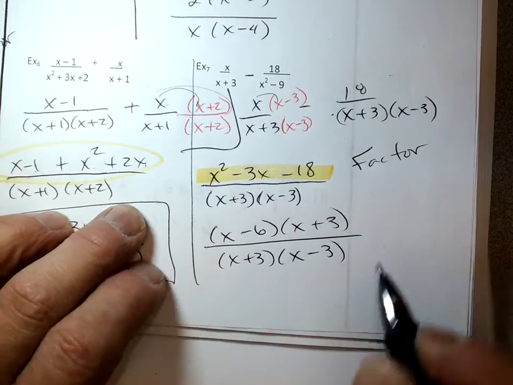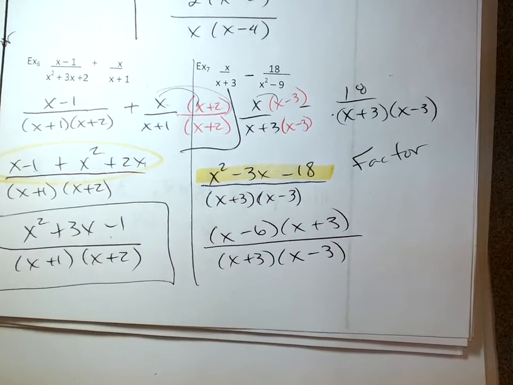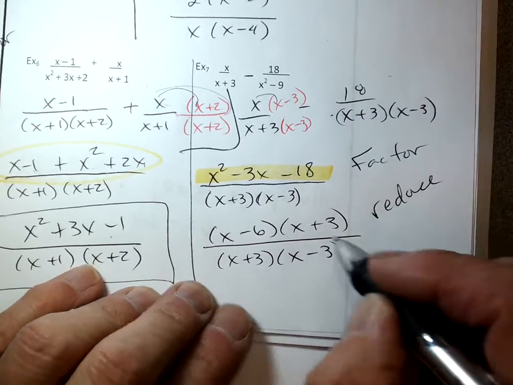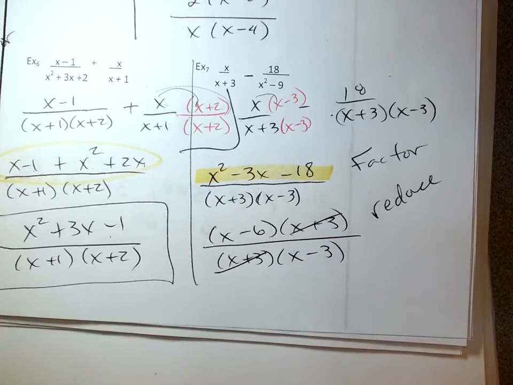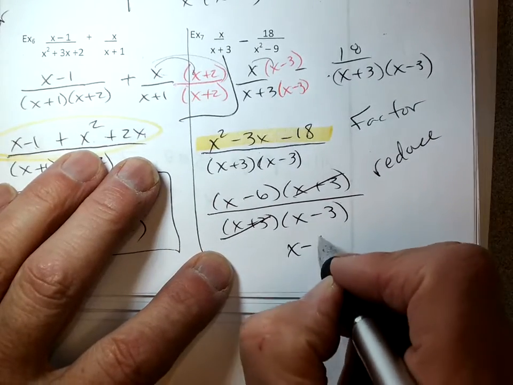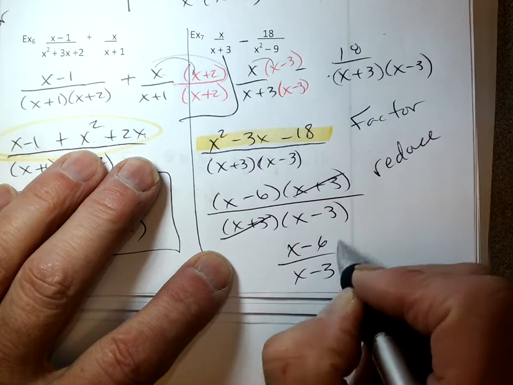Now we can actually reduce it by canceling the x plus 3's over the x plus 3's. And what we finally wind up with is an answer of x minus 6 over x minus 3. And that is the answer.